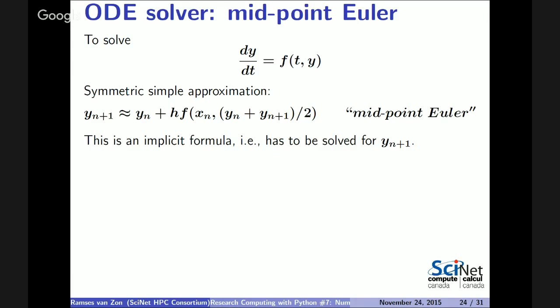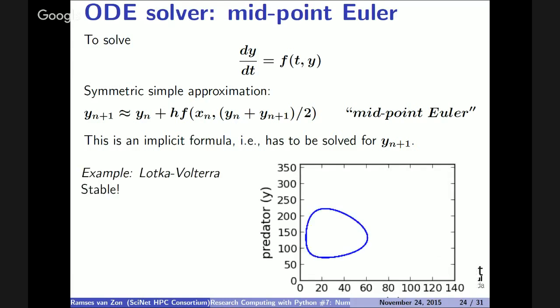So this is called an implicit formula. And so that sounds annoying, and it's true, but they have a really nice property of being stable in most cases. So here's what I did. I did this for the Lotka-Volterra, same situation and the same scale of the plot, just to show you the difference. Started at the same point, went around, and came right back where it should be.